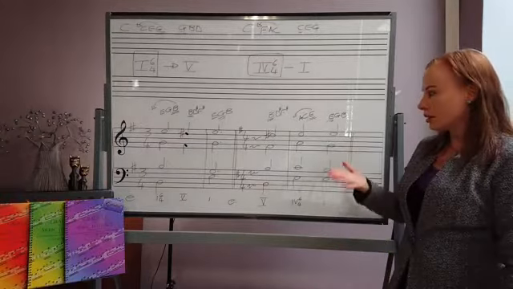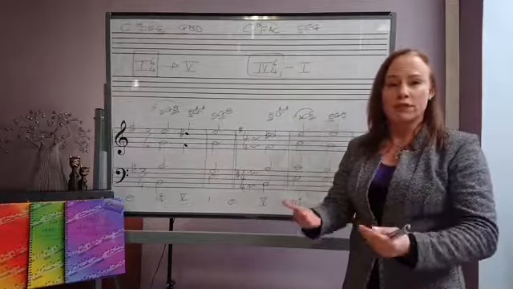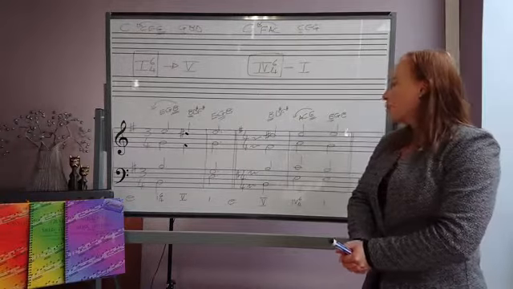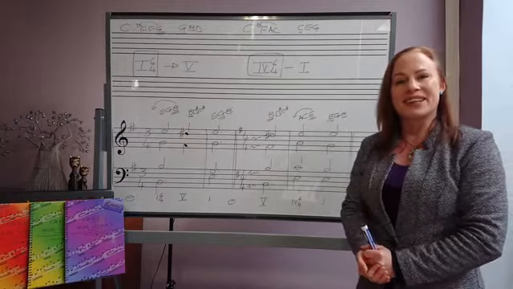You can still always check. You have to allow time in your harmony to check for parallel fifths and octaves, of course. Okay, good. So that's it. This is the cadential 6/4.